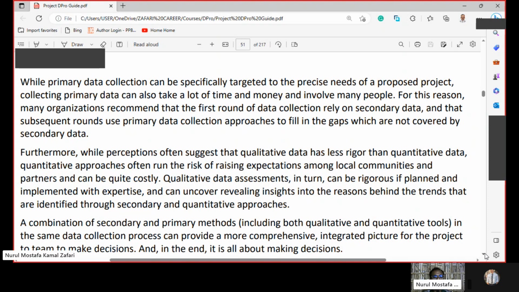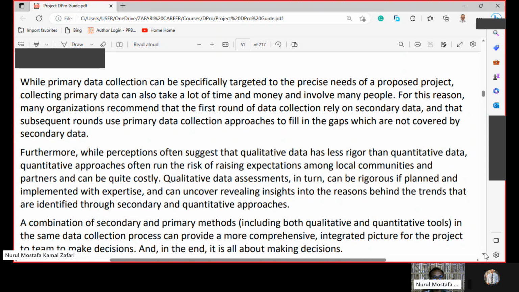For this reason, many organizations recommend that the first round of data collection rely on secondary data, and that subsequent rounds use primary data collection approaches to fill in the gaps which are not covered by secondary data.